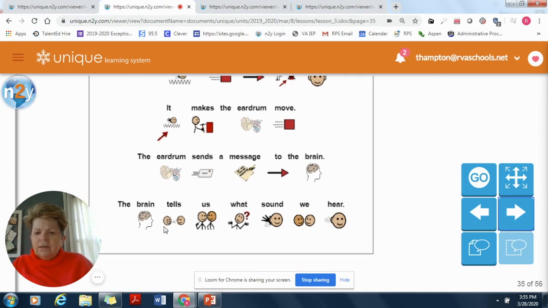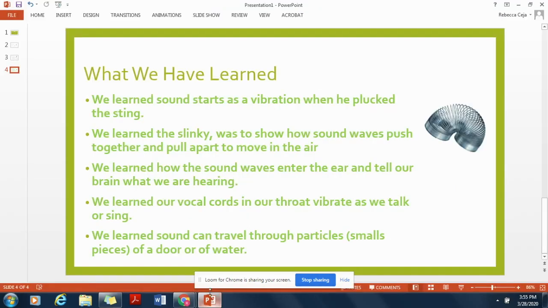The brain tells us what sound we hear. Very good. We learn that our vocal cords in our throat vibrate as we talk or sing.